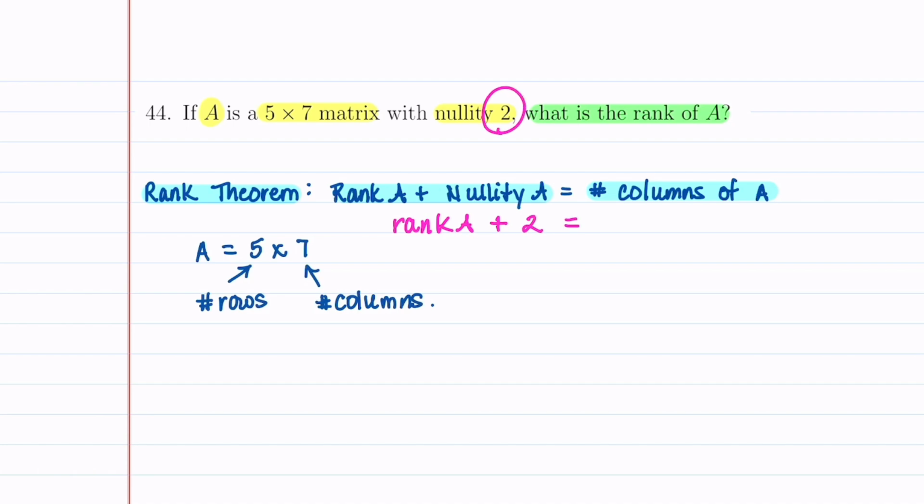And that's equal to the number of columns of A, which we just said was equal to 7. So this tells us that the rank of A is 7 minus 2. And we can write down that the rank of A is equal to 5.